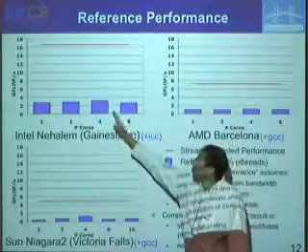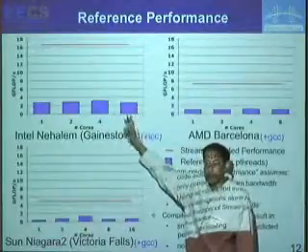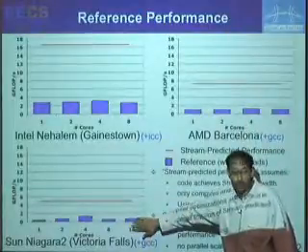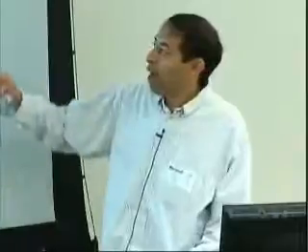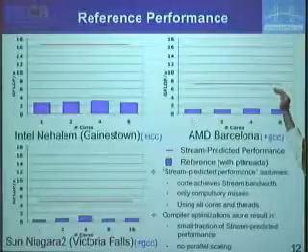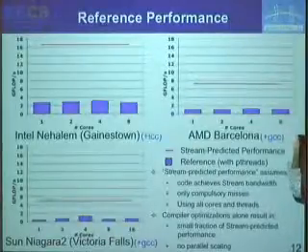So going from 4 to 8 here means that you're using your second socket, and similarly with 16 cores here. And this is the performance that we're actually getting with the reference implementation, and the red line is what we expect to get using stream.